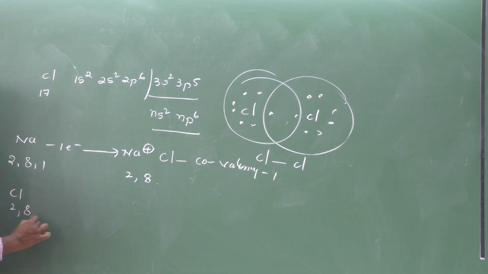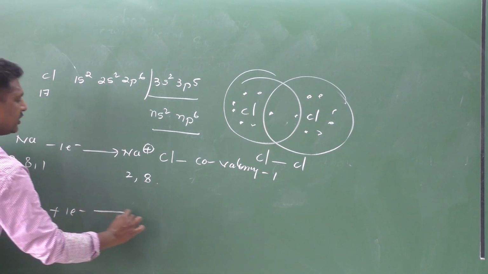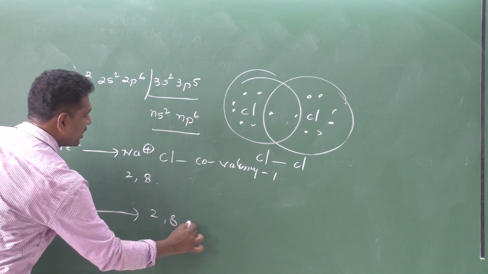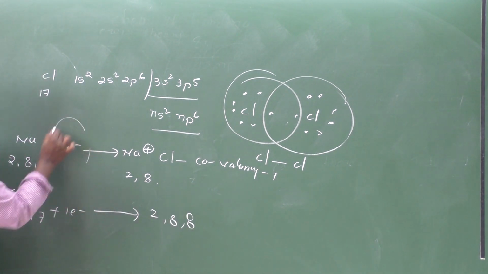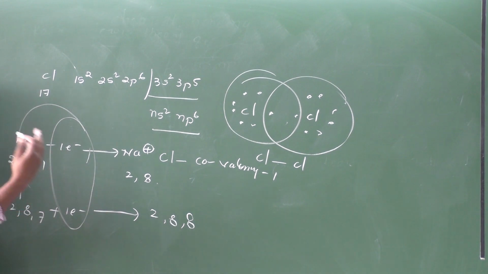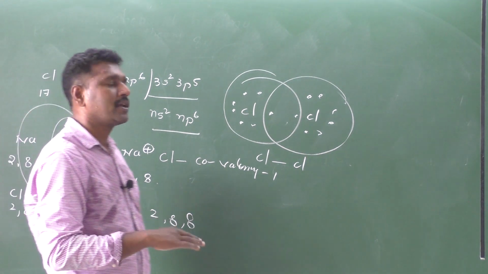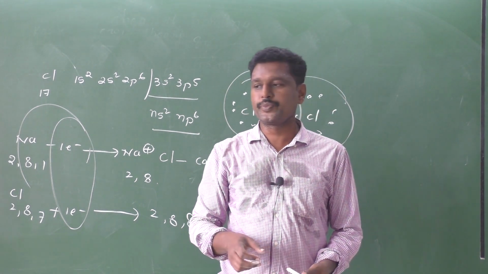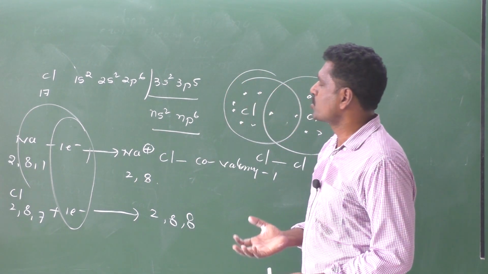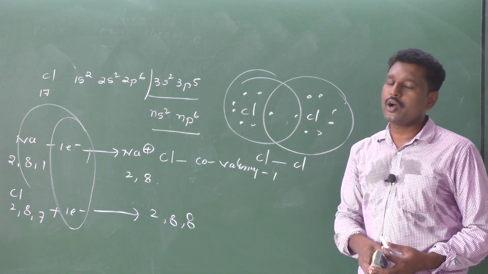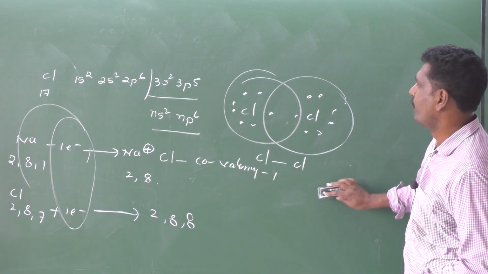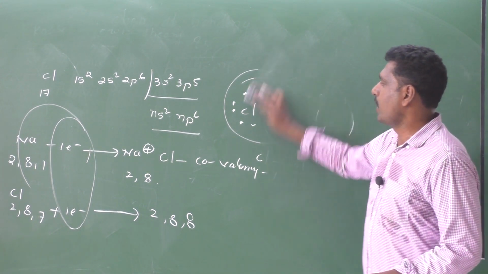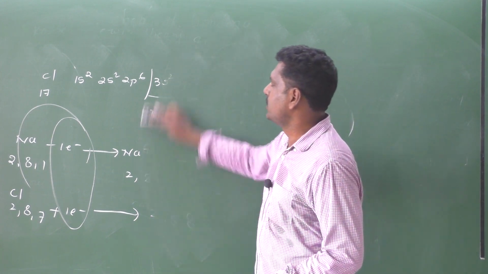Chlorine 2,8,7 plus one electron converts into 2,8,8. Therefore, the number of electrons transferred, lost or gained, is called electrovalency. So this is the electronic theory of valency.